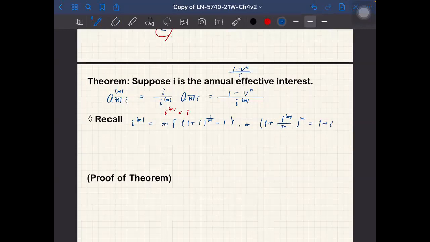So both are the same rate, but i superscript m compounds m times a year. But still, this is a nominal rate, so we divide it by m, and to the m's power, then that becomes 1 plus i. So i superscript m over m is the interest for 1 over m year.